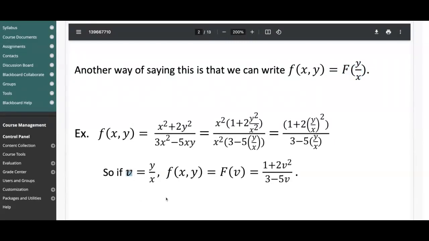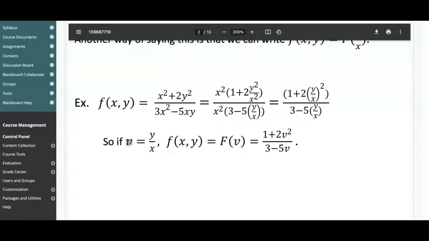If we let another variable, let's say v, actually this is read as nu, but let's read it as v, equals y over x, we see little f of x, y can be written as capital F of v. This is 1 plus 2v squared divided by 3 minus 5v. Okay, homogeneous functions.